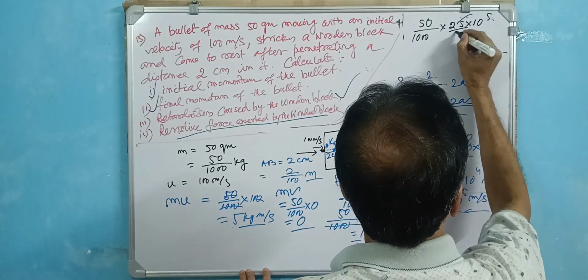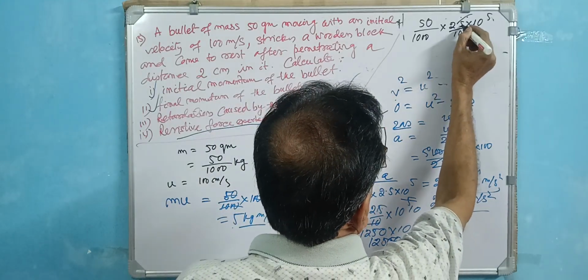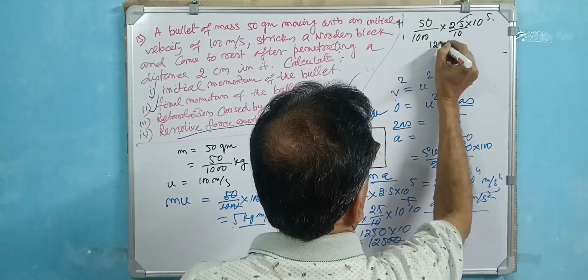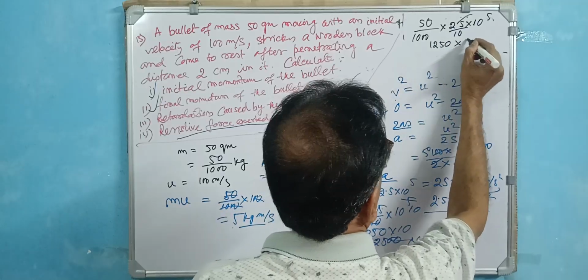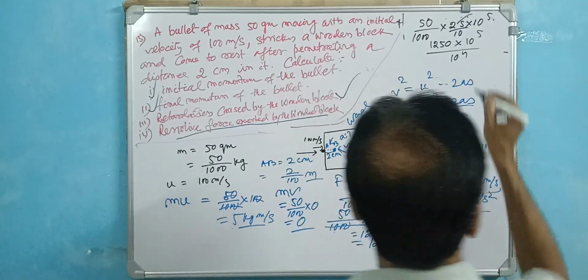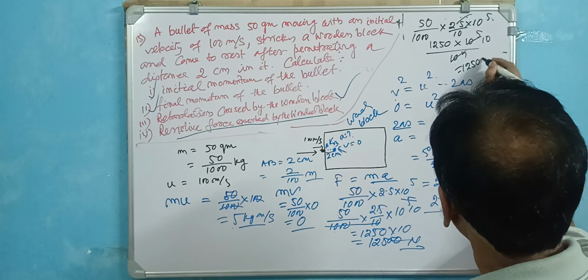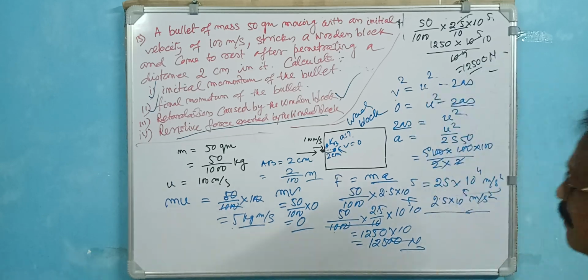I removed the 2.5 and made it 10. Now look, this is 25 into 5, that's 125 into 10 to the power 5, and this is 10 to the power 4 actually. So if you cut it, this is 10, so ultimately 12500 Newton. That is the calculation.